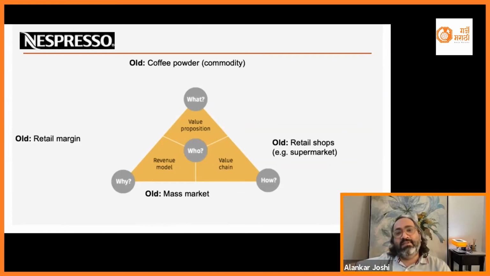Typically the companies sold coffee in retail chains or supermarkets. Now the problem with coffee is that it's a commodity, and therefore the margins that companies make are not that high, typical of commodity businesses.